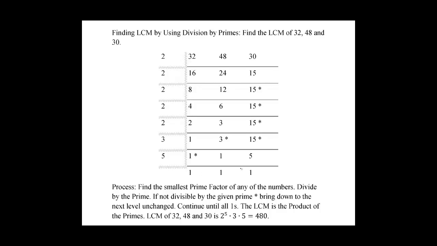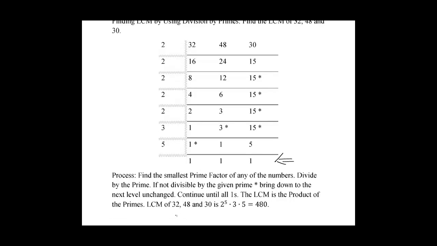We continue until our last level here is all ones. The least common multiple then is the product of the primes. So the least common multiple again of 32, 48, and 30 is 2 to the 5th multiplied by 3 multiplied by 5, which is 480.